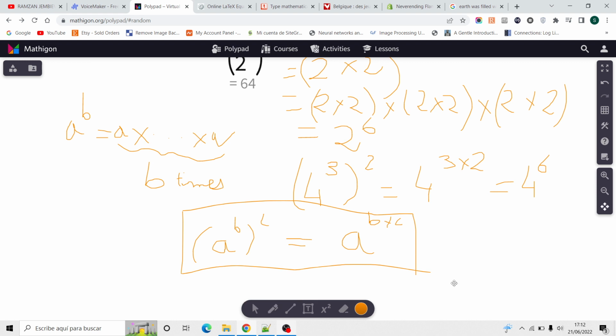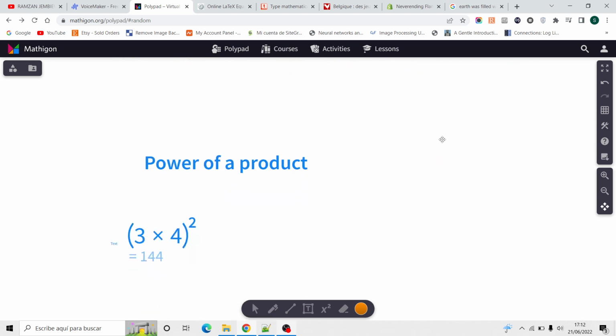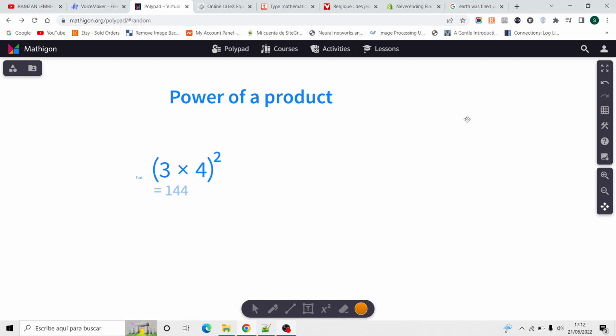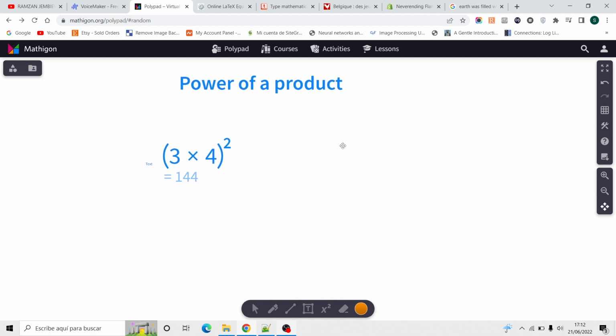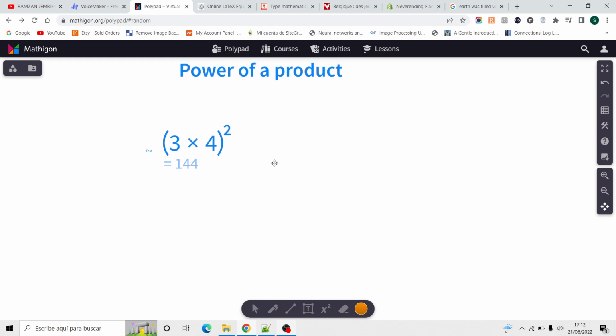Okay, so now let's see another property of powers. We are going to talk about power of a product. Okay. So when you have a product, okay, so let's say 3 times 4 to the exponent 2.